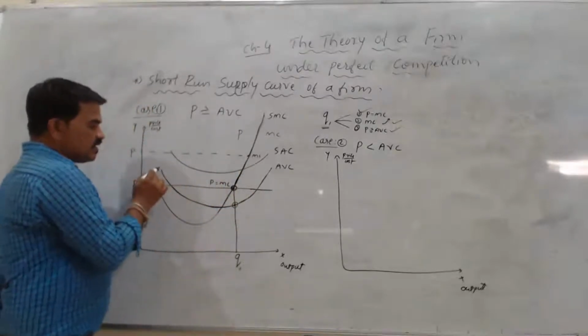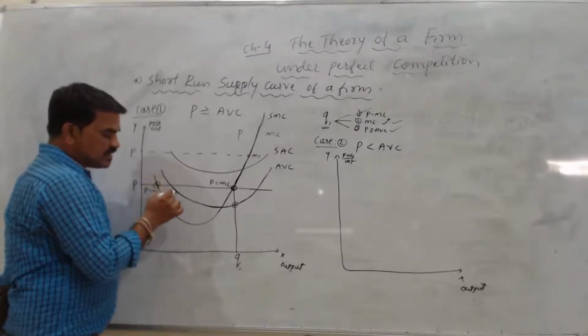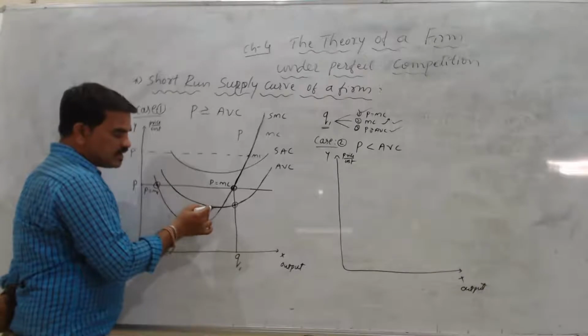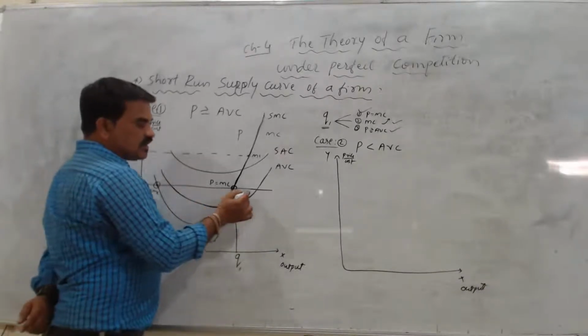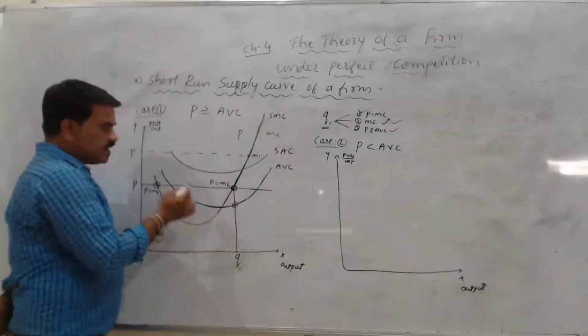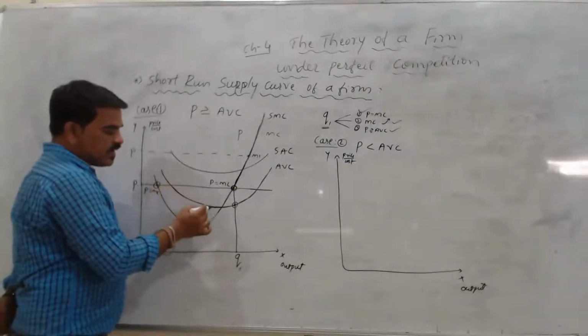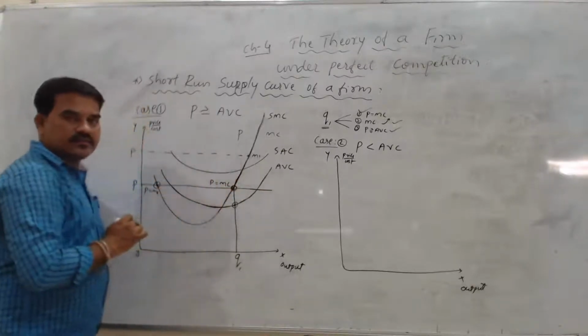It means that initially the cost starts decreasing, and after reaching a certain point, the cost starts increasing again. When the output increases, initially the cost starts decreasing. After a certain point, the cost starts increasing.